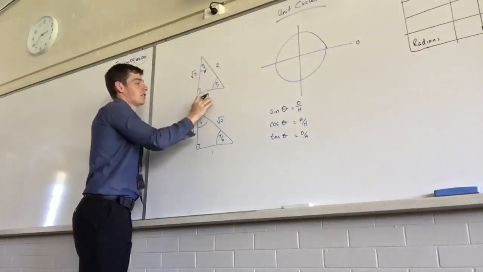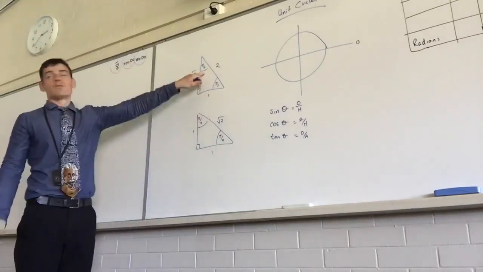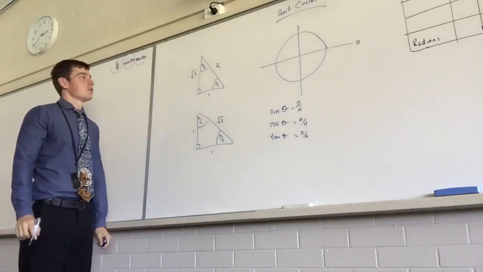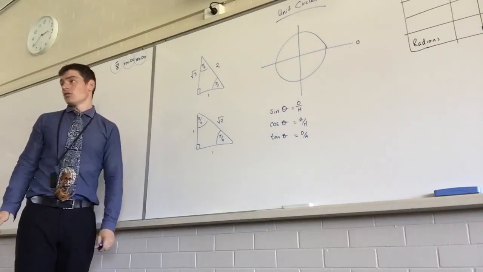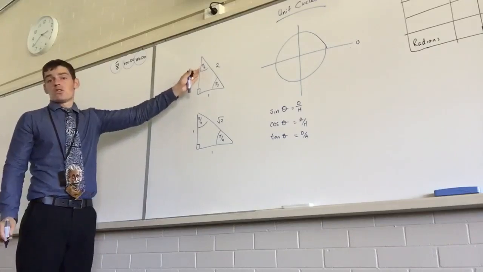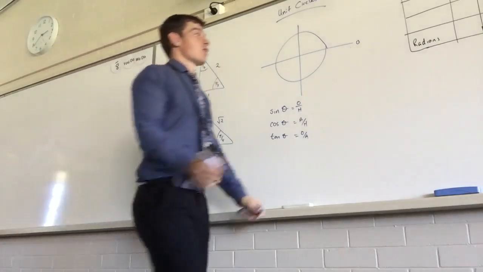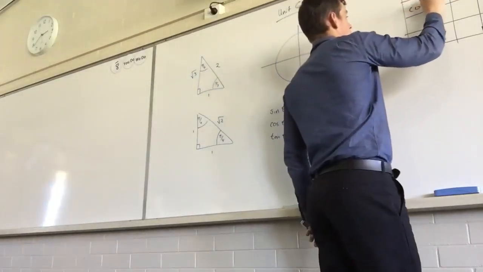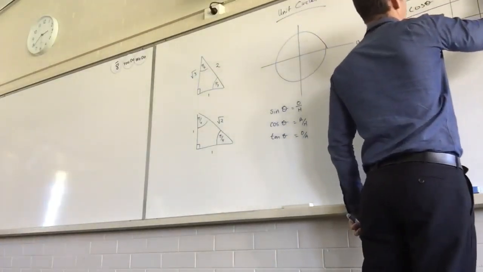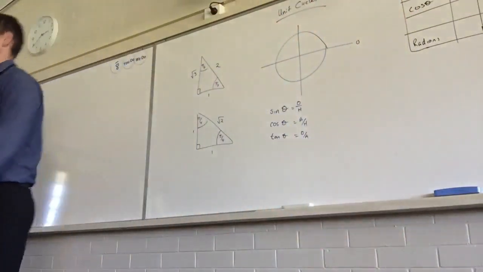Same angle, let's look for cos 30. So my angle is still pi on 6. What does cos equal? Adjacent over hypotenuse. My adjacent is root 3, my hypotenuse, 2. So I know that cos theta equals root 3 over 2. Guess how we figure out tan?